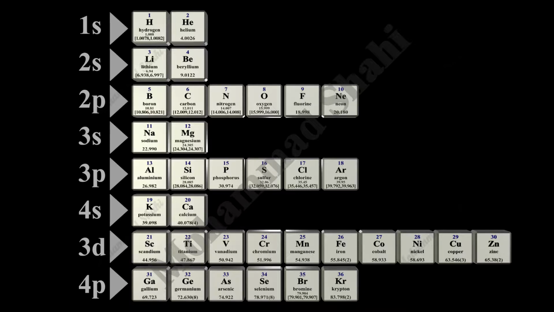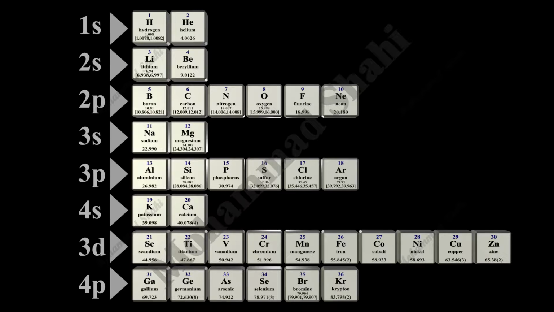Then the 2s subshell is filled, where its filling is associated with two elements, lithium and beryllium, with atomic numbers 3 and 4 respectively. After that, the 2p subshell is filled, where its filling is associated with six elements, boron, carbon, nitrogen, oxygen, fluorine, and neon, with atomic numbers from 5 to 10.